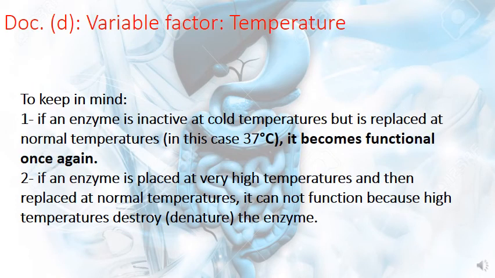So as a conclusion here, if an enzyme was inactive at cold temperature and then we place it at normal temperature, 37, it will function again. While if the temperature was high, let's say 60 or 70 or 80, and then we put it back to the normal temperature 37, it won't work. Why? Because high temperature will destroy or denature the enzyme. So the enzyme will be denatured.